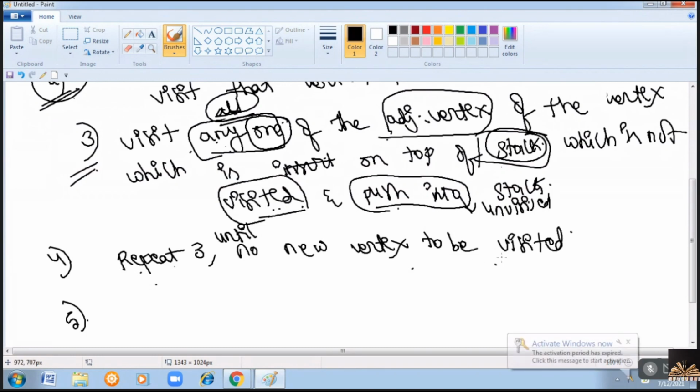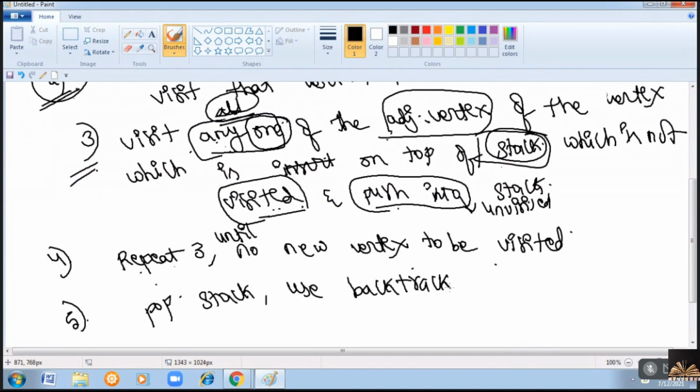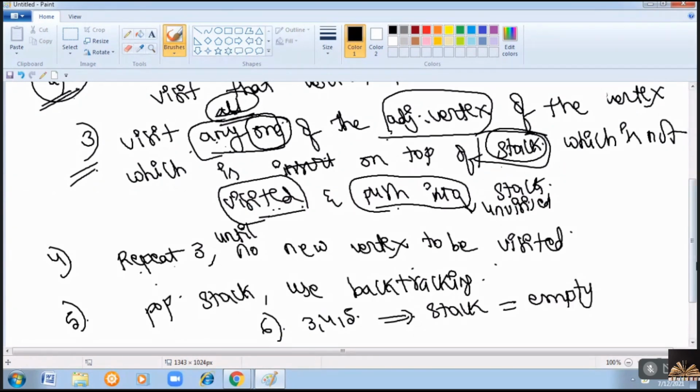Now, when this condition is satisfied, then you can pop the element from the stack and use backtracking. Next, steps 3, 4, 5 are to be repeated until the stack becomes empty.